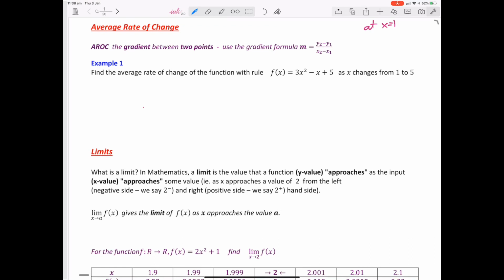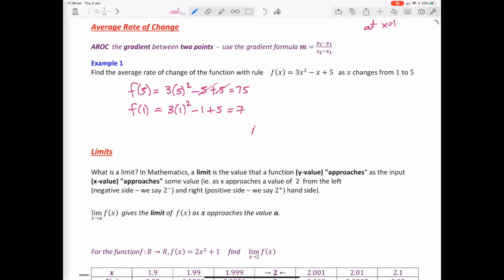Okay, so average rate of change with a rule f of x is 3x squared minus x plus 5 from 1 to 5. I've got to find f of 5, which is 3 times 5 squared minus 5 plus 5. That's nice because they cancel out. 3 times 5 squared is 3 times 25, which is 75. f of 1 is 3 times 1 squared minus 1 plus 5: 3 times 1 is 3, minus 1 is 2, plus 5 is 7.